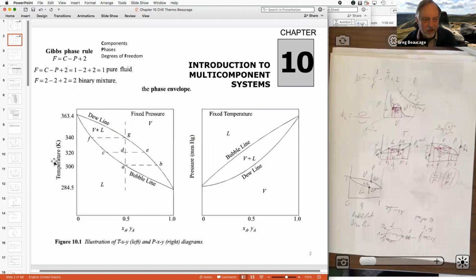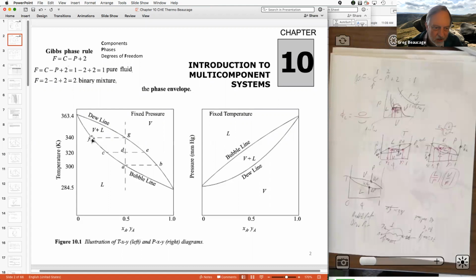Right, so as you raise the temperature, you go up, you reach the bubble point. It's going to make a vapor, this composition B. If you raise the temperature a little bit more, the vapor becomes richer in the B component. And then gradually it becomes the same composition as the input when you get to the dew line, because whatever went in has to come out, so it has to match it there.